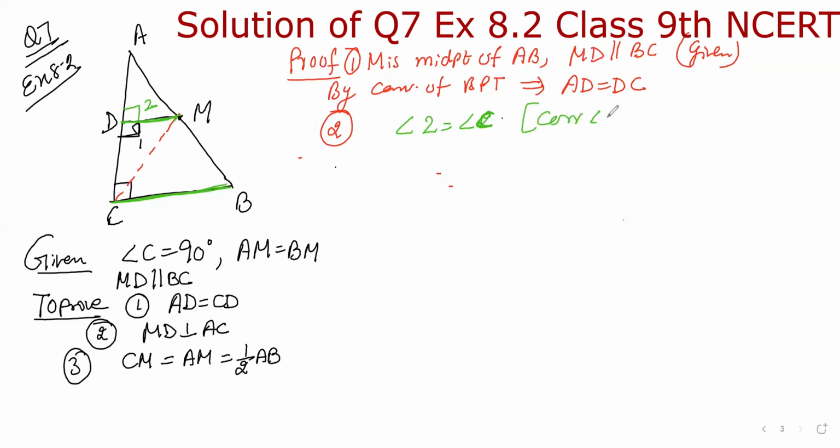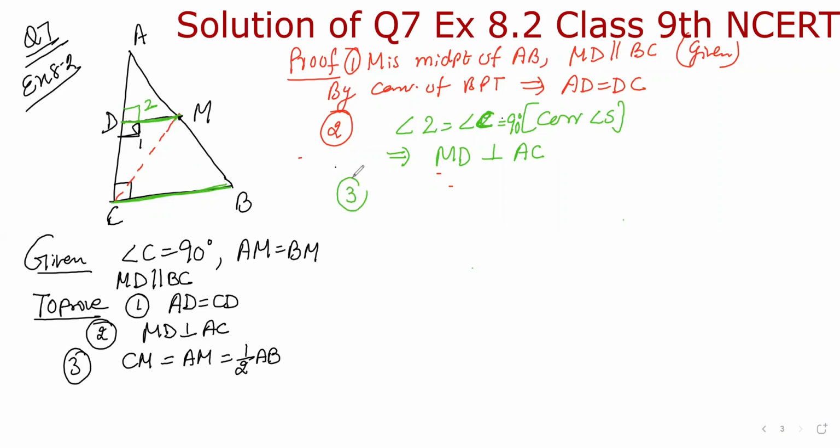Very good. These are corresponding angles because MD is parallel to BC. So angle 2 is equal to angle C. Angle C is equal to 90 degrees, it means angle 2 is 90 ho gaya, right? If angle 2 is 90, then it implies MD is perpendicular to AC. The second part is also proved very easily.